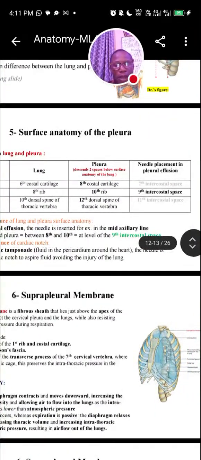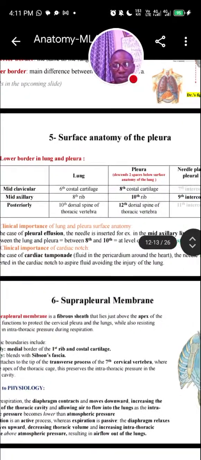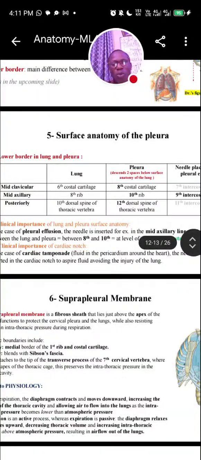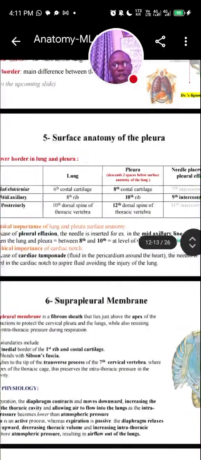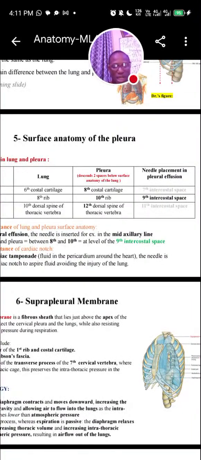Question, do you know what is intercostal space? If you are doing it from mid-clavicular line, now watch this. If you are doing it from mid-clavicular line, it's going to be 7th intercostal space.